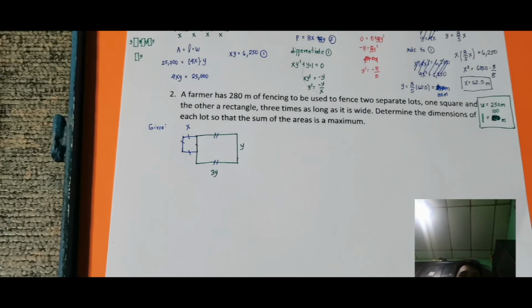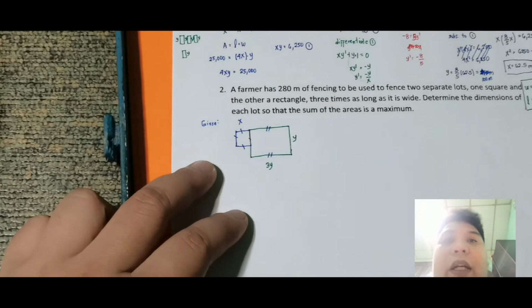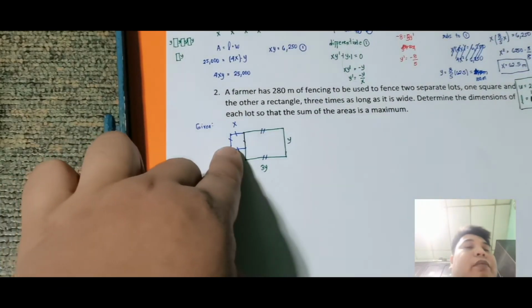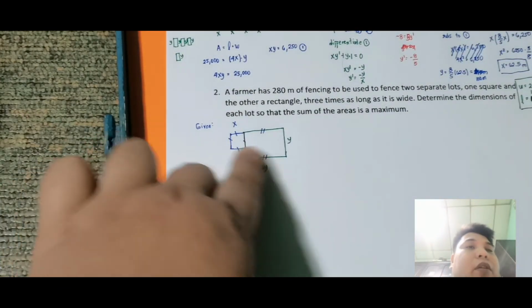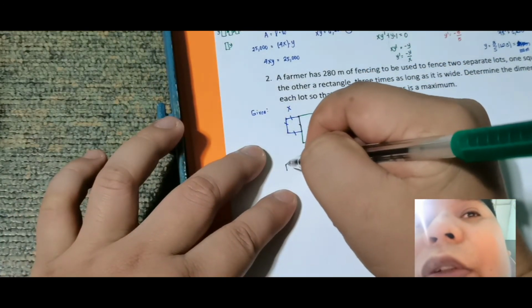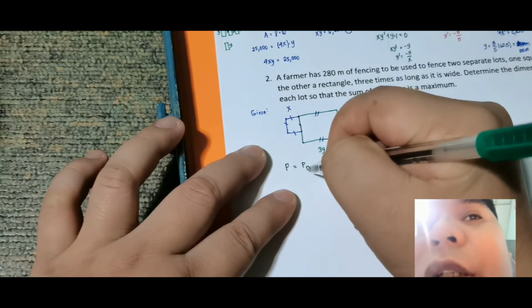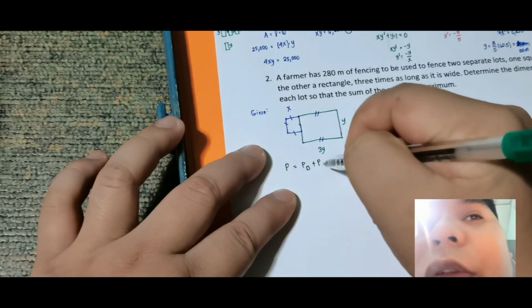Okay, so ano yung una nating given? So, ang given natin dito is meron tayong 280 meter of fencing. So, paano natin kukunin yan? Siyempre, kukunin natin yung bakod dito. So, yung total P is equal sa perimeter nung square plus perimeter nung rectangle.